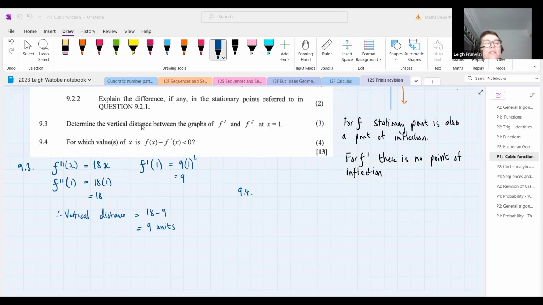Okay. All right. So 9.4. Now they ask us, for which values or value or values of x is f of x minus f prime x smaller than 0? What do we need to do here?